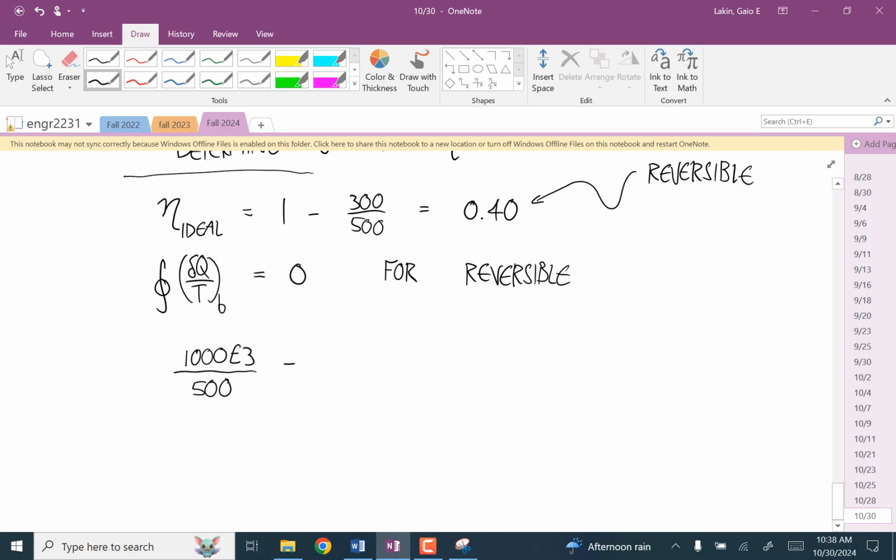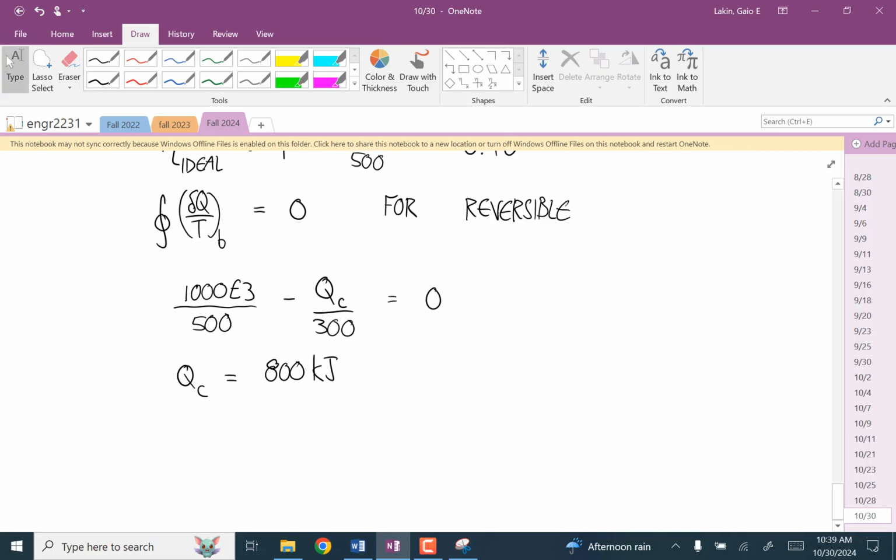And then we're losing an amount QC at a temperature of 300. And this has to be equal to 0. So now we're just calculating that QC. QC is equal to 800 kilojoules. Now, is that like a QC ideal? Yes, this is the QC if this thing is reversible.